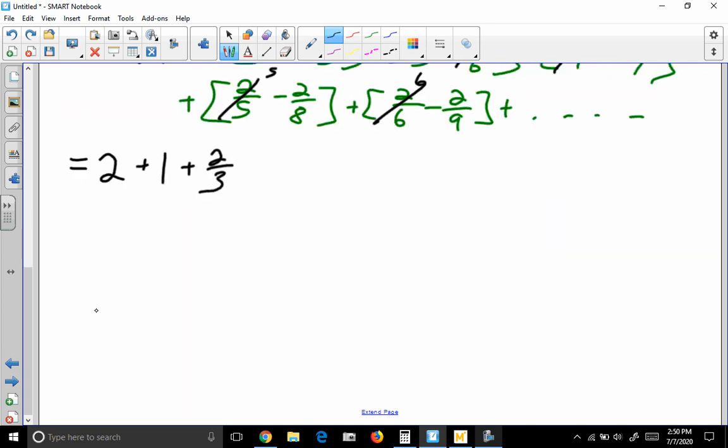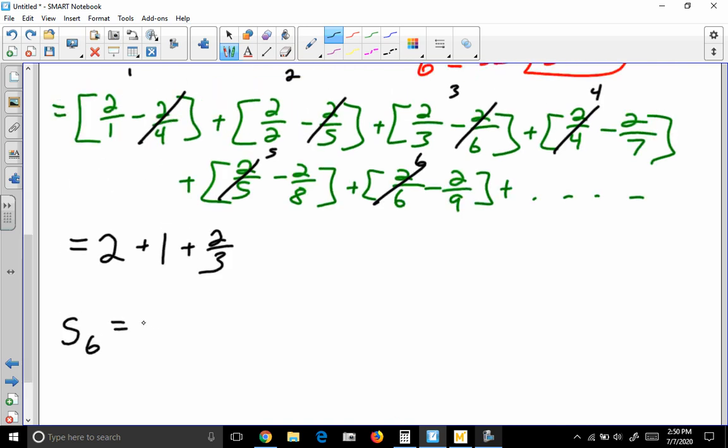So for our sixth partial sum, we're going to be left with a 2, a 1, a 2/3, and then we have a minus 2/7 that's going to go away, a minus 2/8 that's going to go away, and a minus 2/9. Let's list the next term.